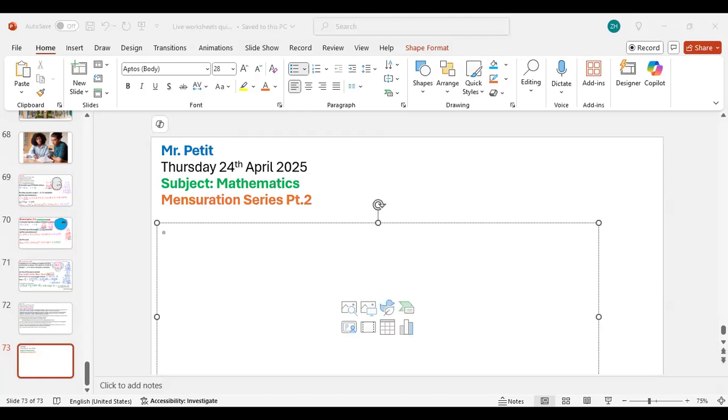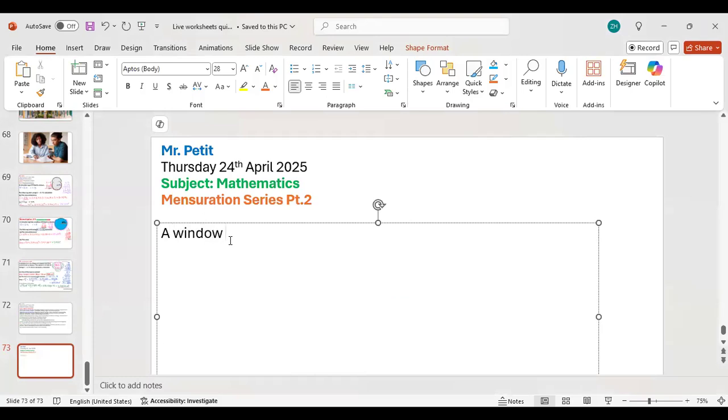All right, so let's begin. It's basically a continuation from yesterday. A window is in the shape of a square. Do we have to write it again? Yes. Mr. Petit, I don't have a book. I used my last page last night.